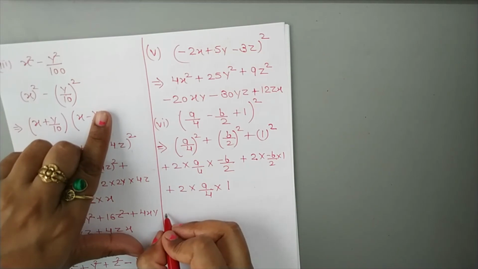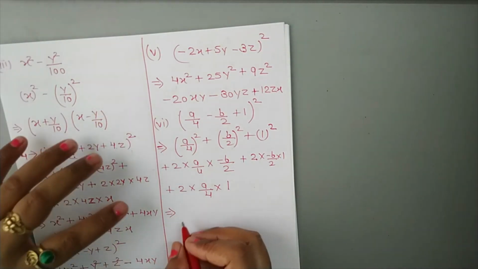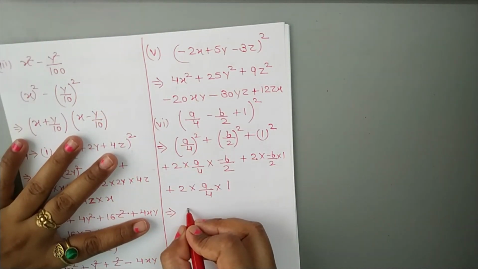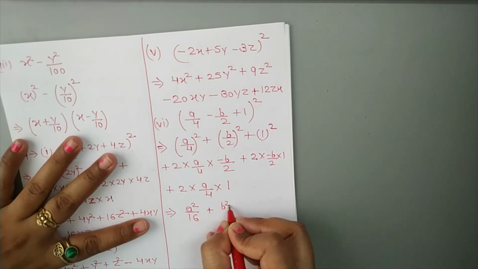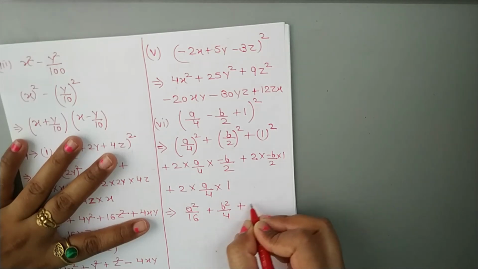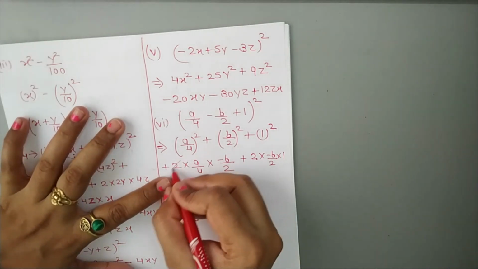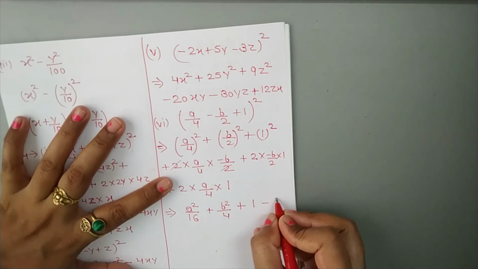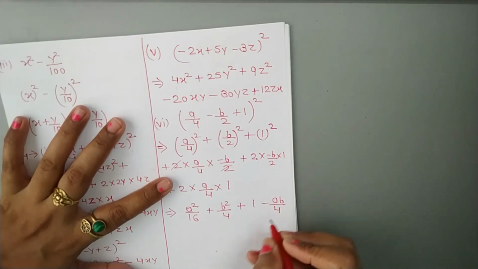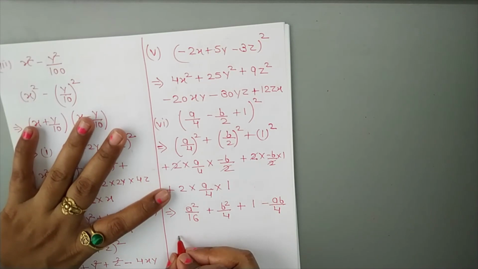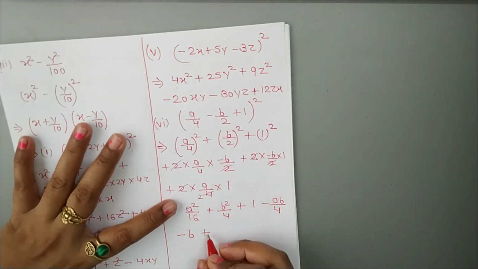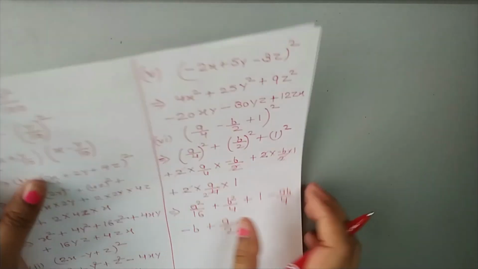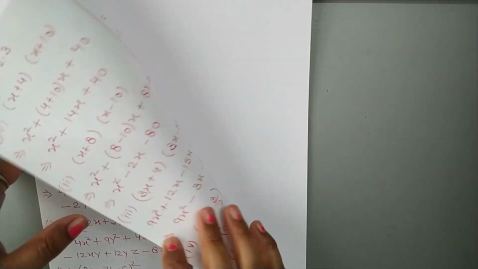Now it will be a square upon 16 plus b square upon 4 plus 1, then 2 and 2 will be cancelled, so minus ab upon 4, then here 2 and 2 will be cancelled, minus b plus, so it will be a upon 2. Okay, then move on to the next question.